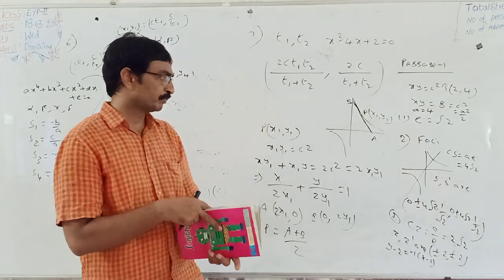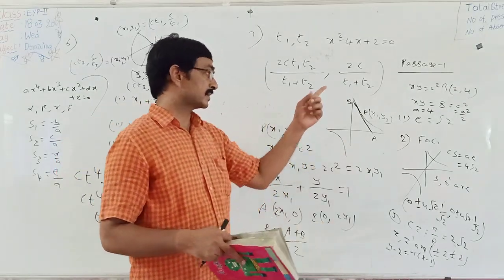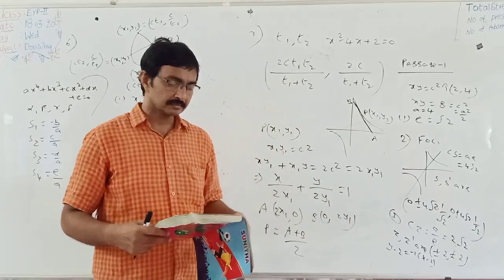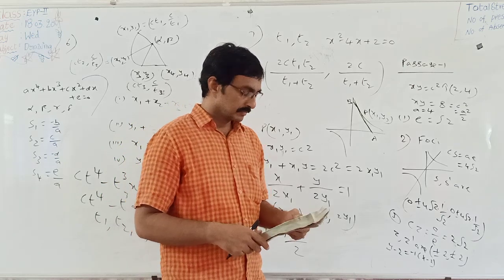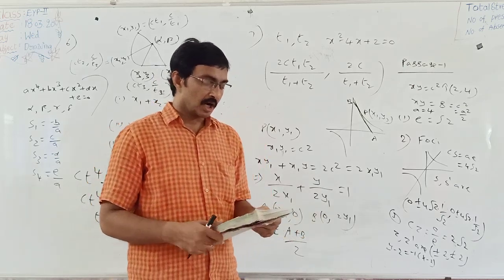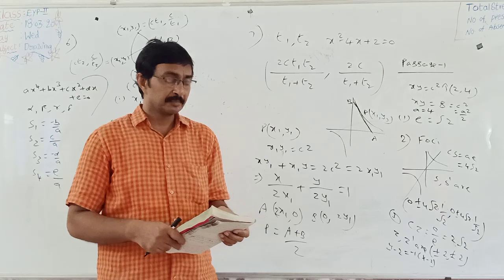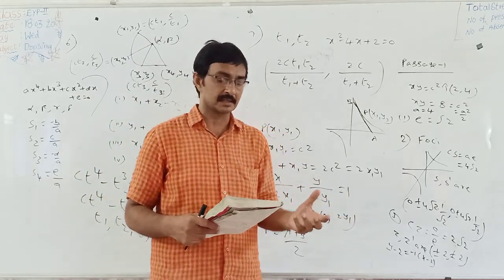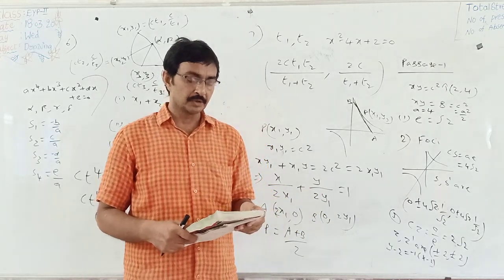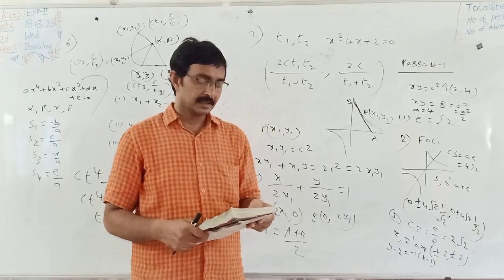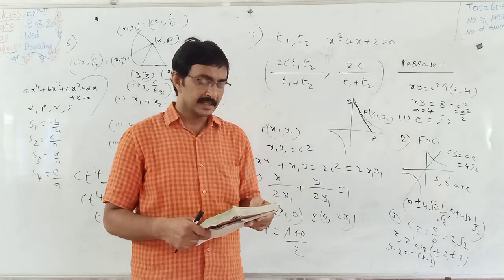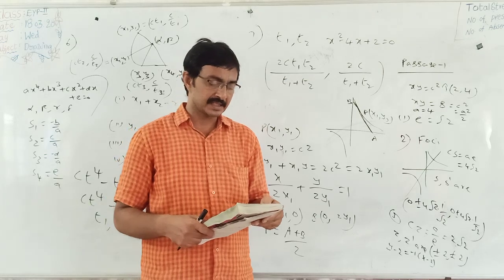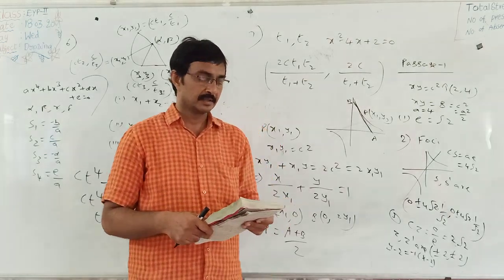Learn that curve by heart. See the previous advanced passage related to this concept. Passage 1, see the notes. I am reading: a conic passing through (2, 4), conic meaning either a parabola or ellipse or hyperbola or rectangular hyperbola, etc., a conic passing through (2, 4) such that the segment of its tangent at any point between the coordinate axes is bisected at the point of contact.